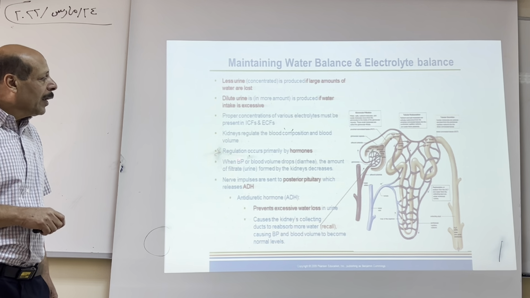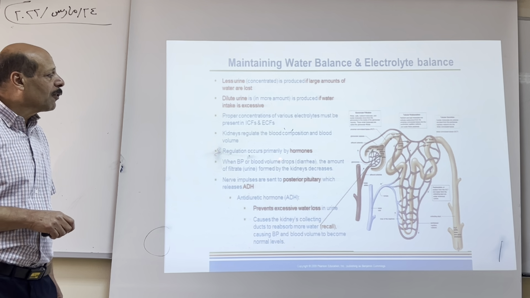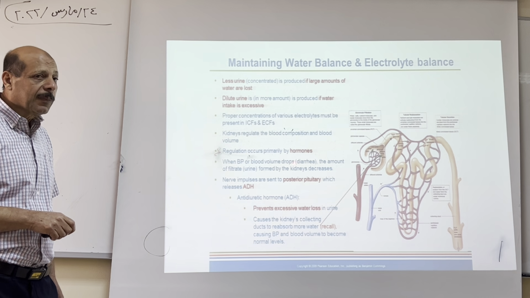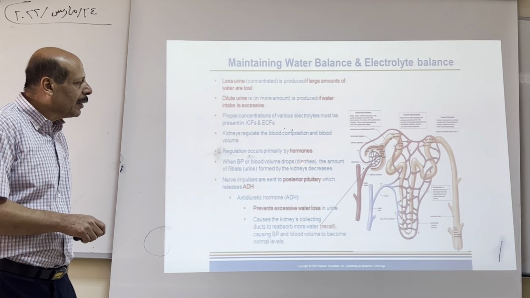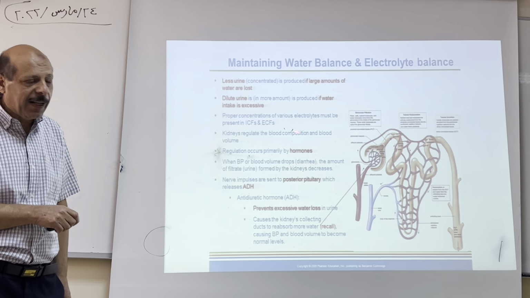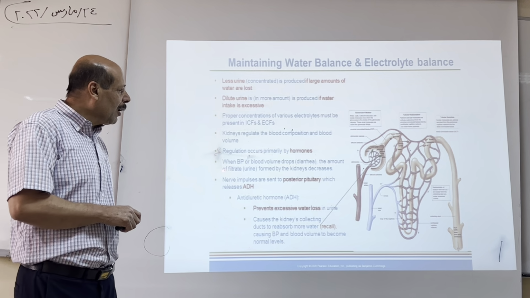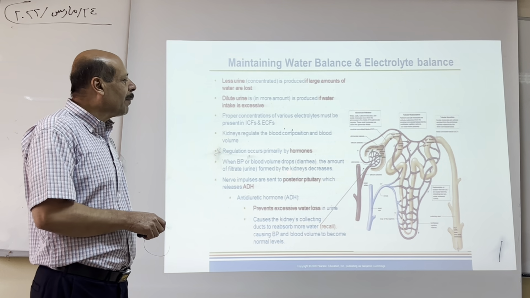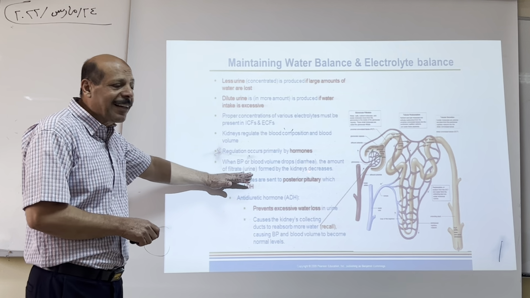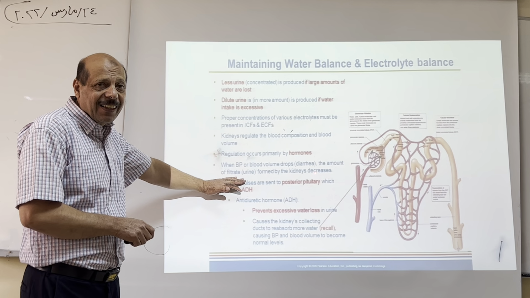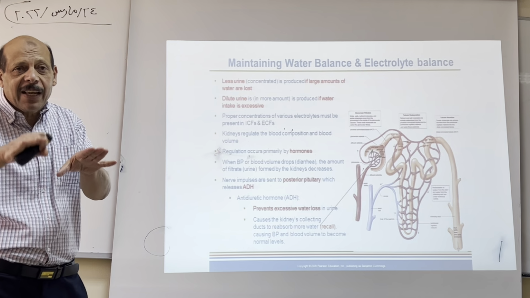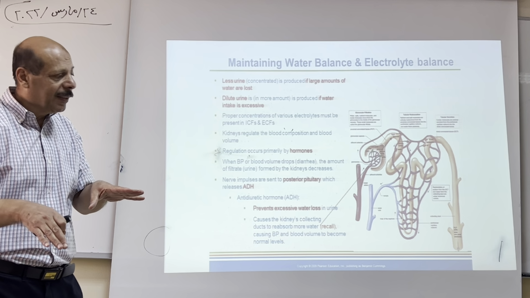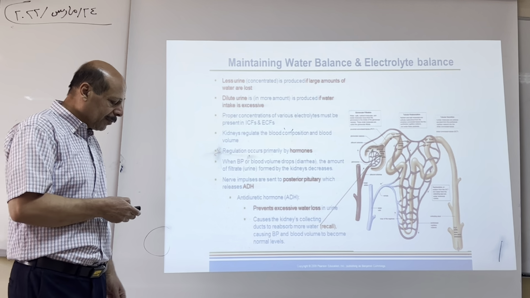So when blood pressure and blood volume drop, in case of loss of fluid, such as diarrhea or bleeding, the amount of urine formed by the kidney has to be decreased, as a normal physiology, in order to maintain the normal volume and blood pressure.